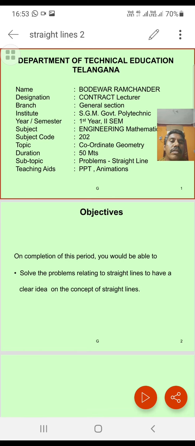So based on these problems you can do some more problems at home, or whenever you are free. If you do them, you will understand, and it will be useful for further studies.